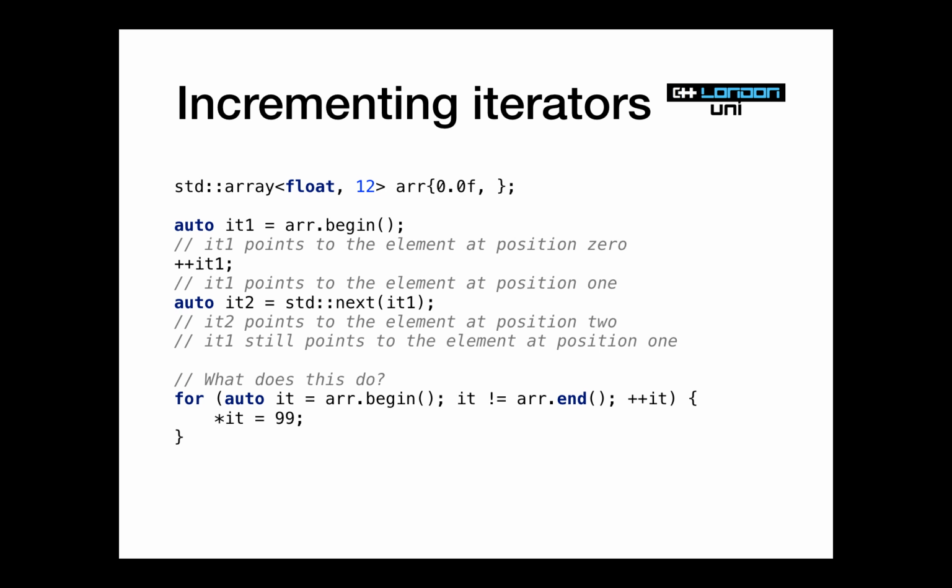Whereas thing plus plus increments the iterator, but returns you a new iterator which points to the old position.